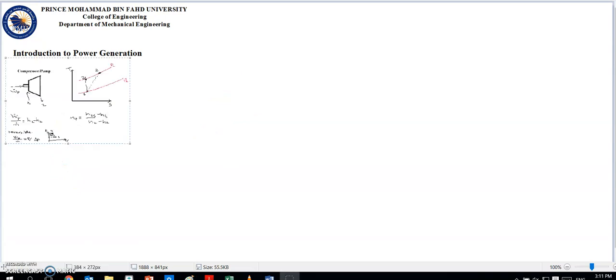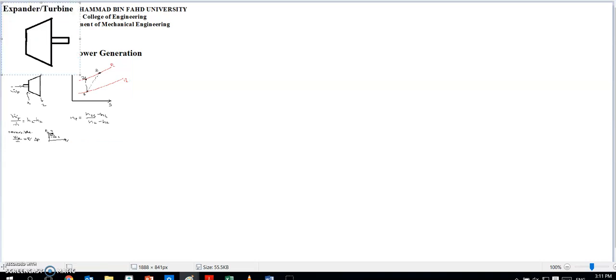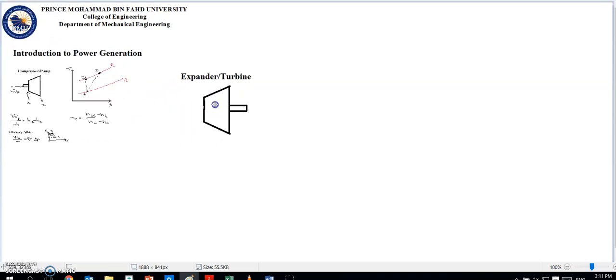Now let's move to our second important component, which is going to be the expander or turbine. The expander or turbine works the opposite way than the compressor.